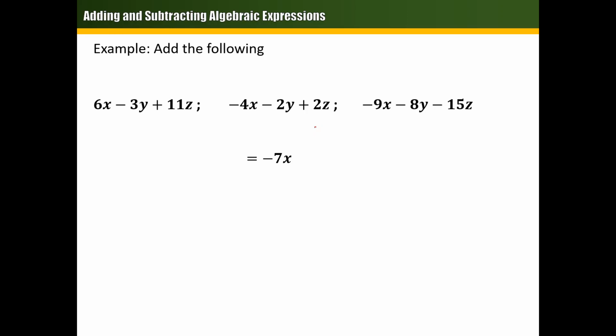So, dito sa mga i-add natin, alin dyan yung mga similar terms? So, dun sa ating first na addend, yung may x ay 6x. Ang mga similar terms sa kanya ay negative 4x at saka negative 9x.